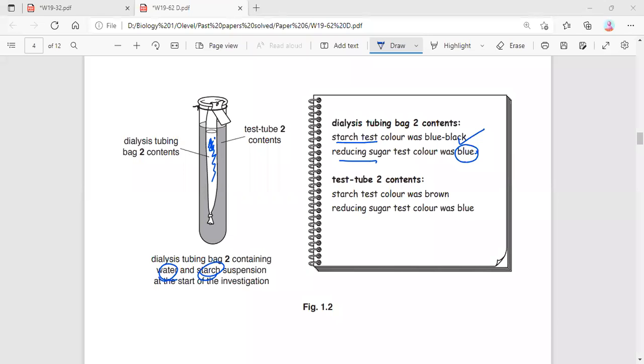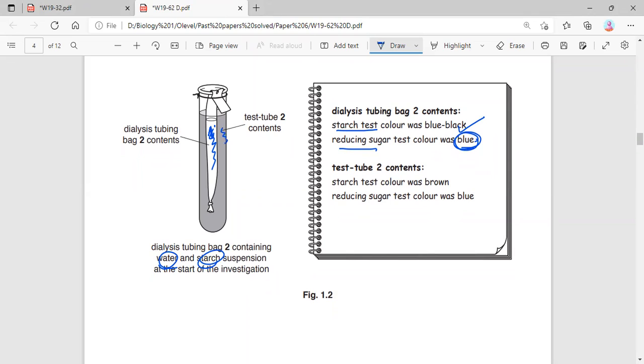In this tube, the reducing sugar is blue because you did not put enzyme, so the starch was not broken down. Outside, in the water outside, the starch test is brown. Starch cannot diffuse out because it is a large molecule. Reducing sugar is also blue. There was no sugar from the beginning to diffuse because there is no enzyme.